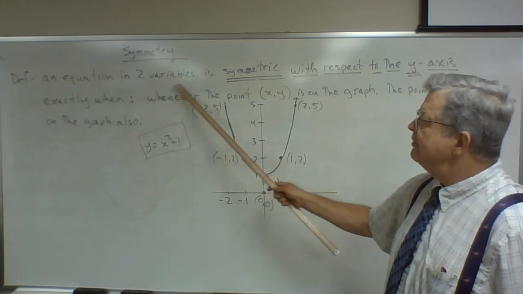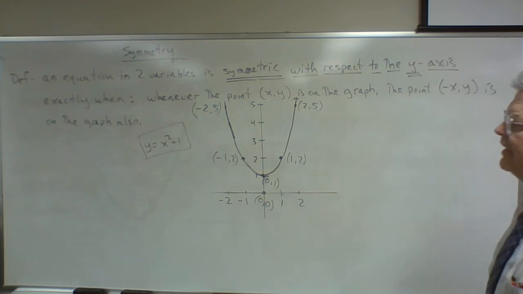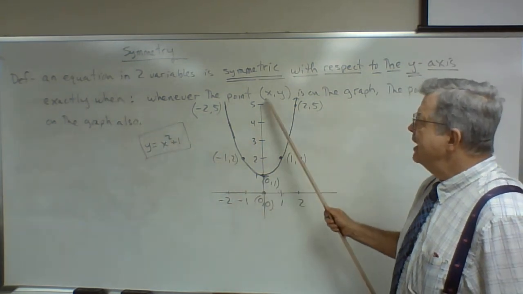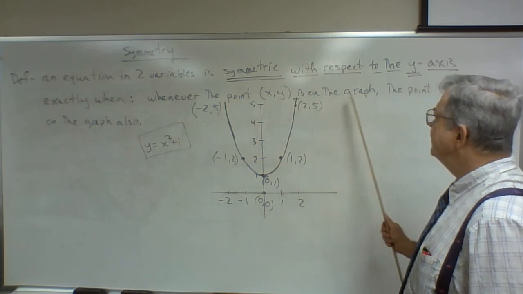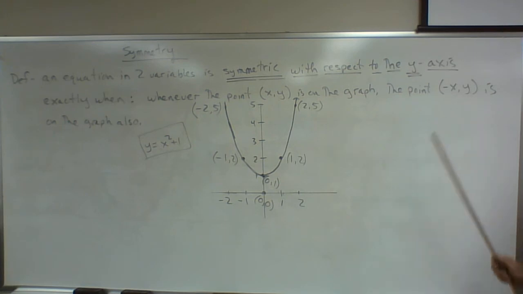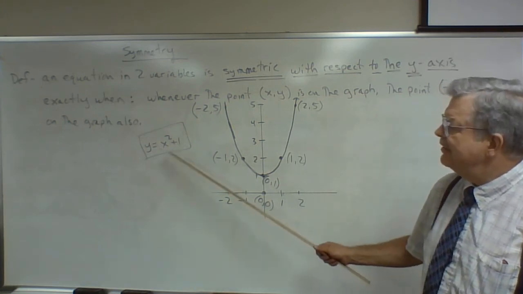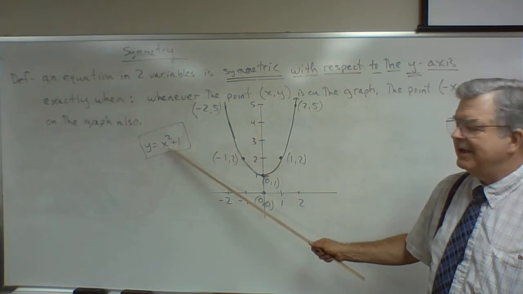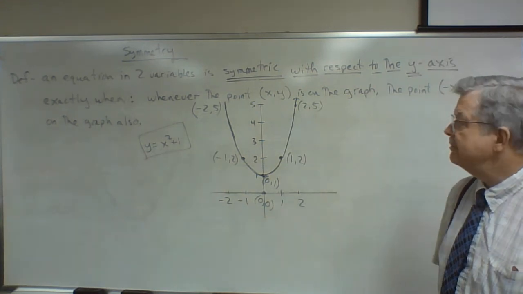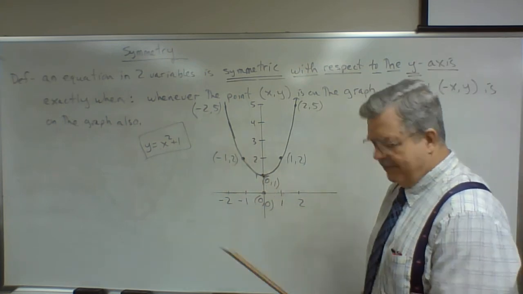An equation in two variables is symmetric with respect to the y-axis exactly when this occurs. Whenever the point (x, y) is on the graph, the point (-x, y) is on the graph. And let's illustrate this with our example y equals x squared plus 1, the example we just got done with. Negative 2, 5 is a point on the graph.